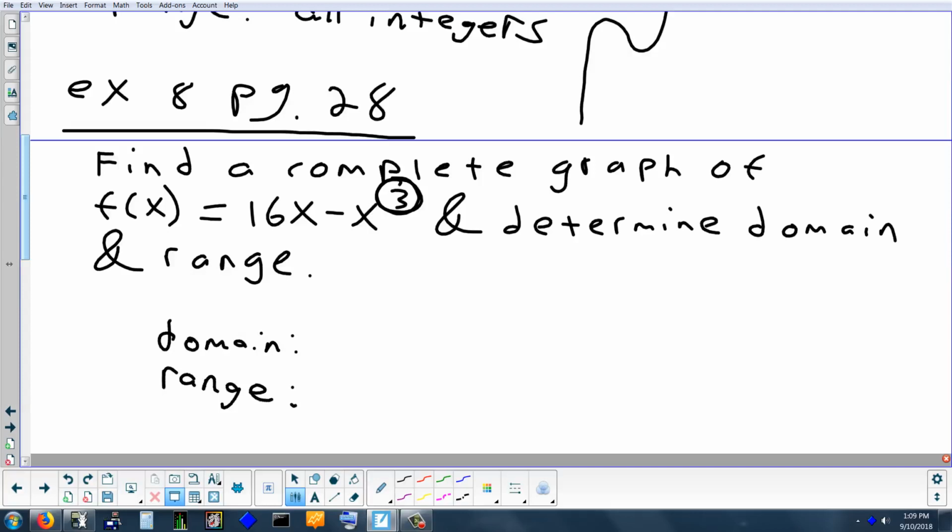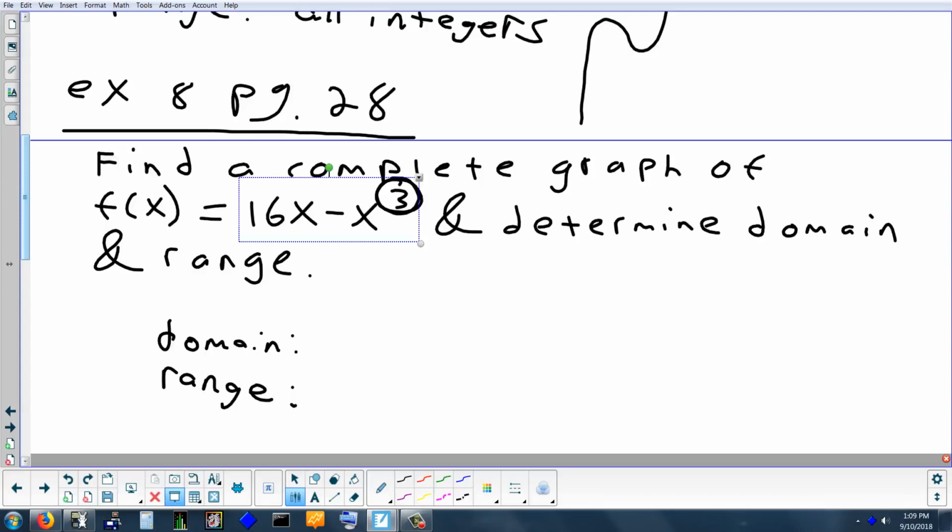Okay, so domain is the numbers you are allowed to plug in for x. So remember the two things you can't do: divide by 0, and take square roots of negatives. Could either one of those happen here? No. You're multiplying a number by 16, and then you're going to cube that same number. You can cube any number you want: positive, negative, fraction, or decimal.